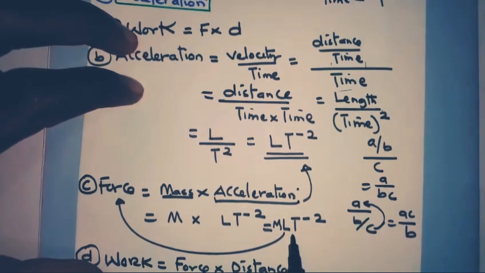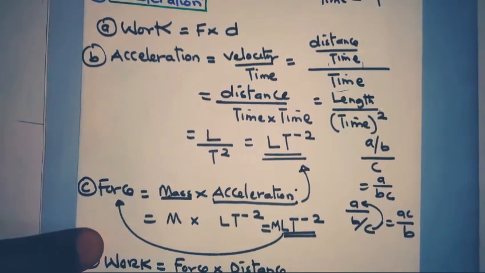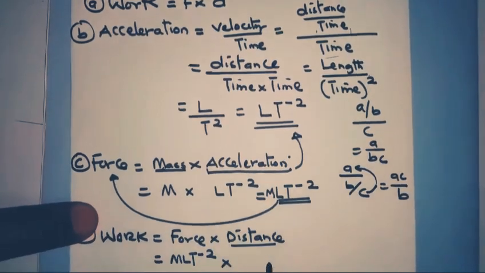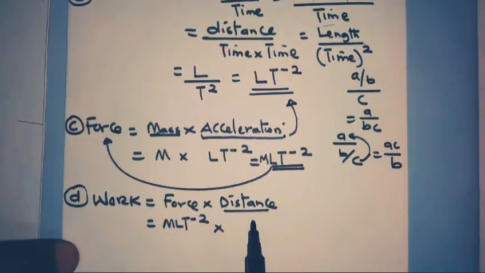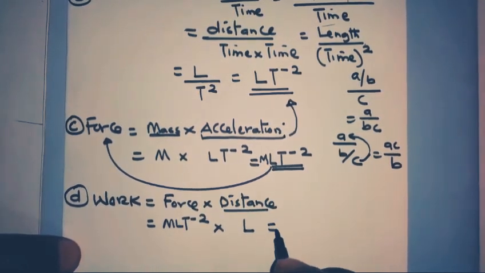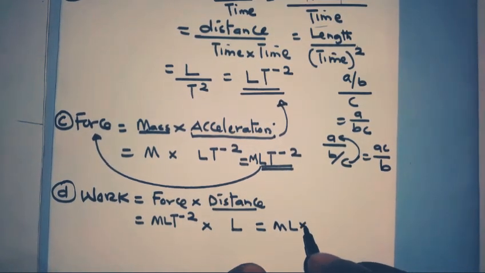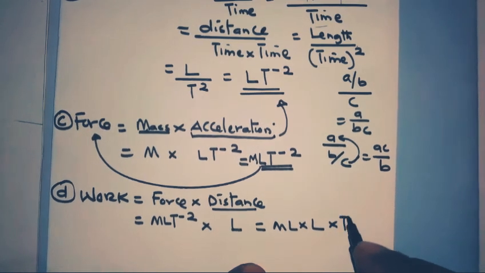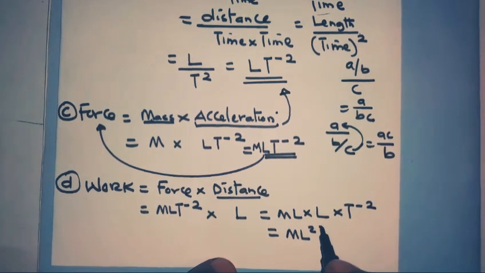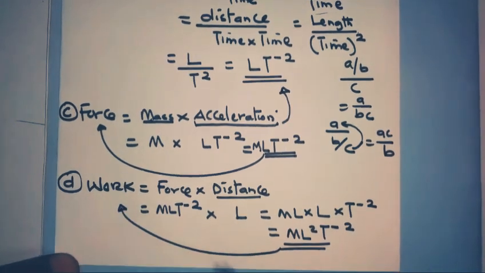The dimension for force is MLT raised to the power of minus 2, multiplied by the dimension for distance, which is length, L. So this is now going to be ML multiplied by another L and multiplied by T raised to the power of minus 2. So this now becomes ML squared T raised to the power of minus 2. This is the dimension for work done.